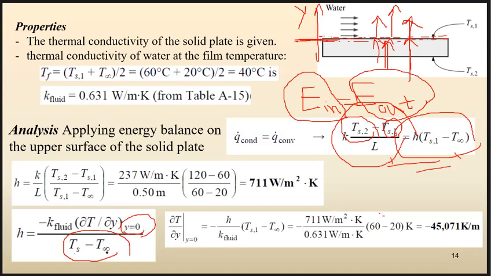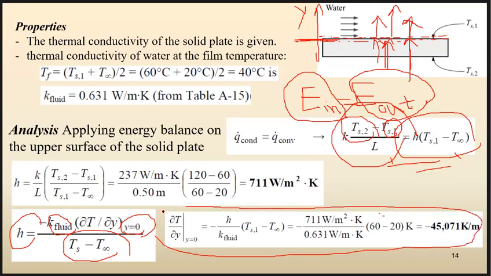This is my y direction, and y equals 0 is that level. I have T surface, I have T infinity, and I have the conductivity of the fluid, which I read from table A15. With the H value, the temperature gradient is calculated. The temperature gradient is negative. What does that mean? It means as we move in the positive y direction, the temperature is decreasing, and it makes sense because the temperature of the surface is hotter than the temperature of the water. So temperature closer to the surface is larger.